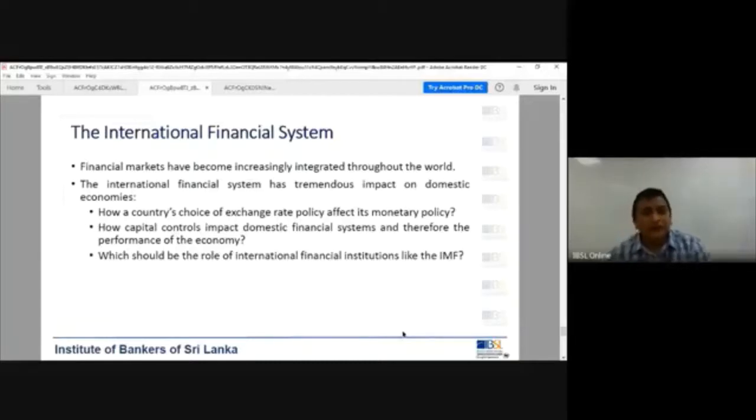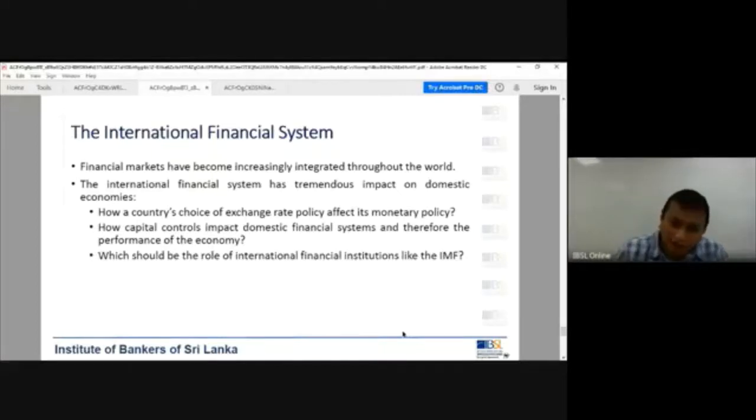And also what type of role multilateral financial institutions play in today's financial markets and monetary economics per se, especially the role of the IMF, to some extent would be discussed, and you probably see these elements would drive our economic aspects in a greater way.